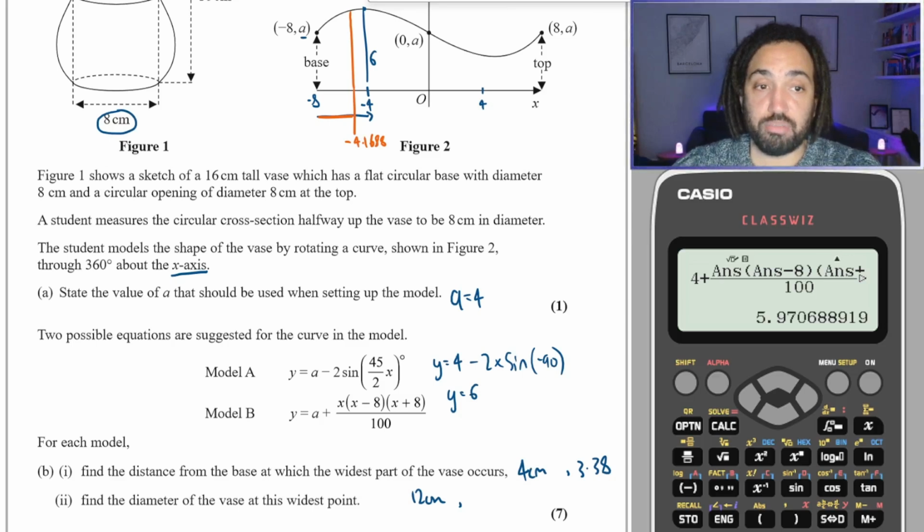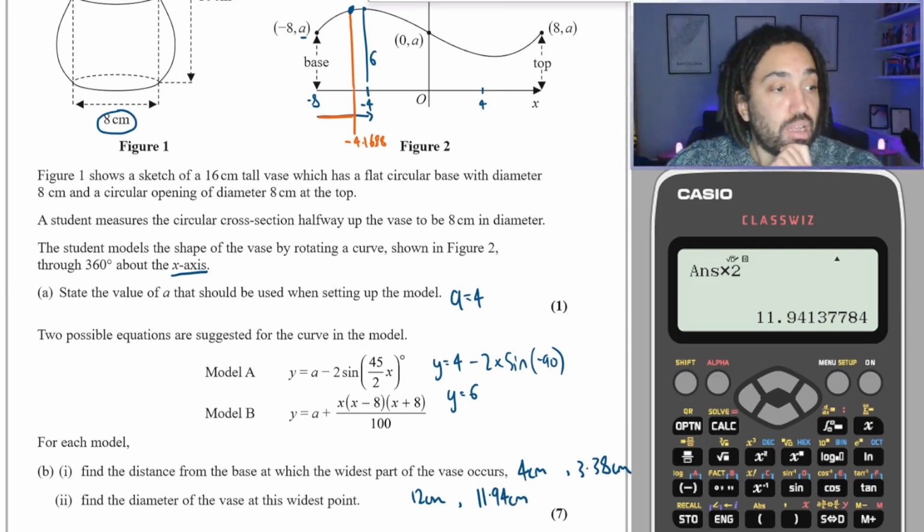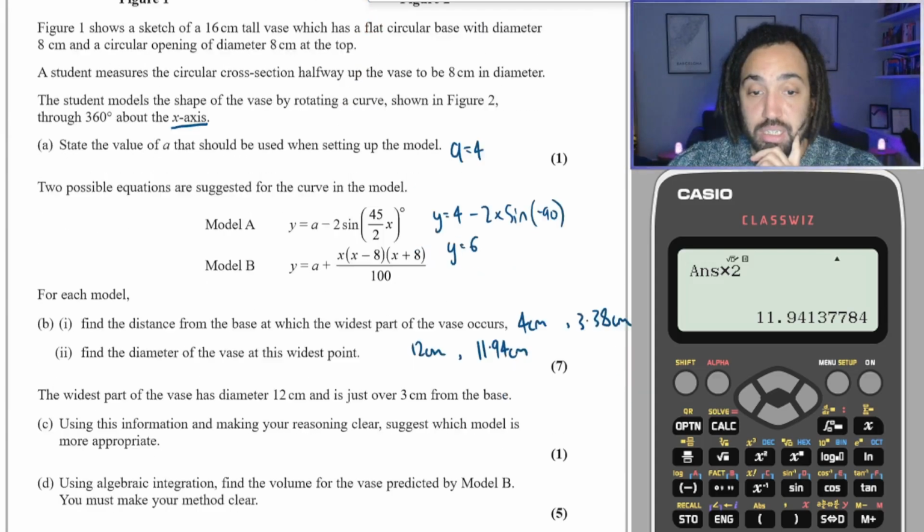And it's going to give me 5.97. That's the value of how tall it is at the top, which then gets rotated around, so it's going to give a diameter of twice that. So times that by 2 gives me the diameter of 11.94. Okay, great. So that's part B done.